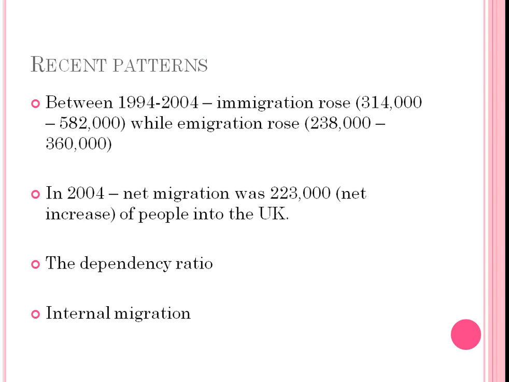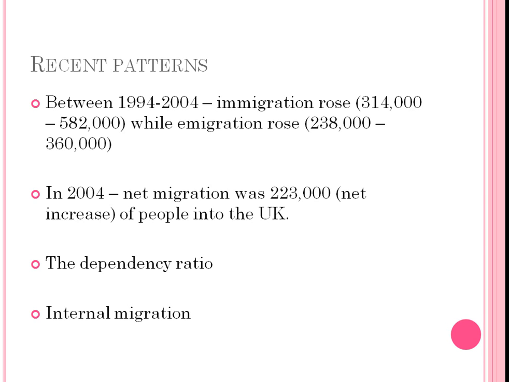To look at the recent patterns and the future migration patterns, as you can see, recent years have seen increasing levels of both immigration and emigration. In 2004, net migration was 223,000 people into the UK, which is the highest since 1991.